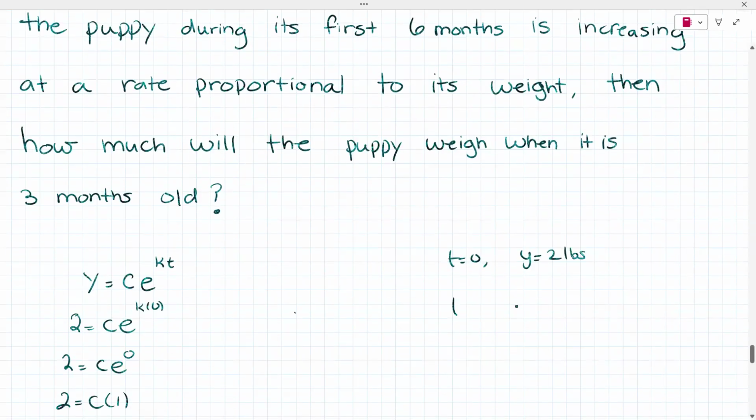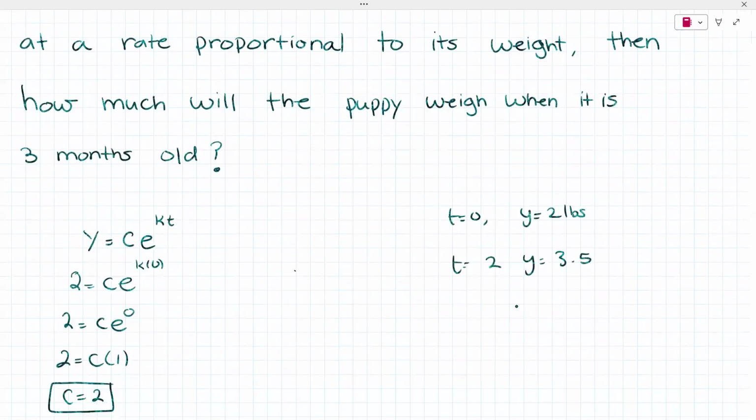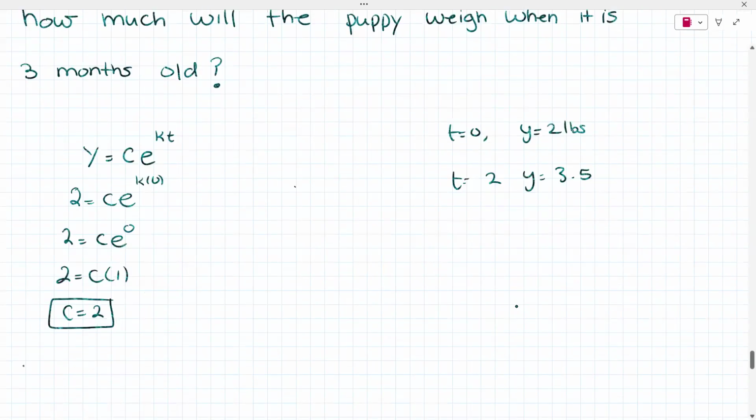So we're going by months, not years. In 2 months, the puppy will now weigh 3.5 pounds. So we're going to use that to find our k. Replace y with 3.5, and our c is 2, e, and our time is 2, so that's 2k.